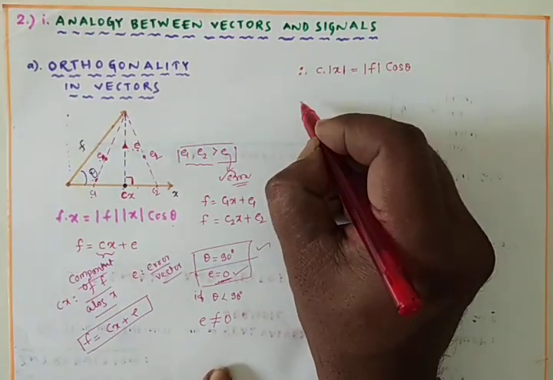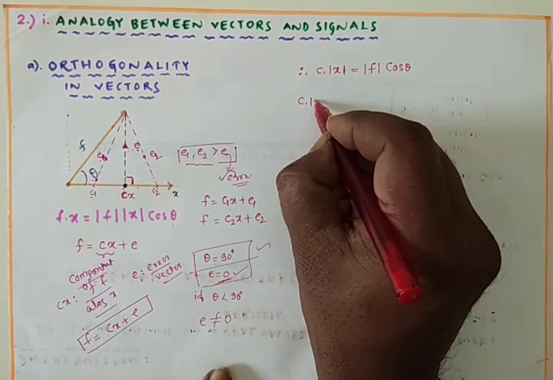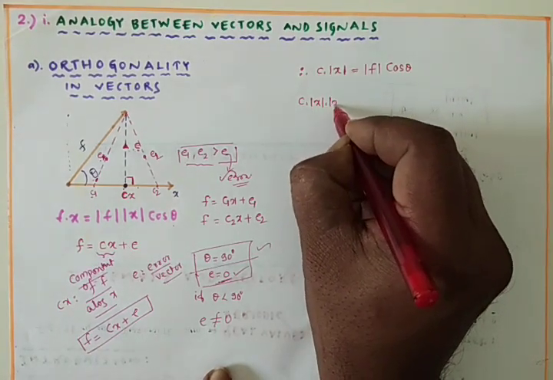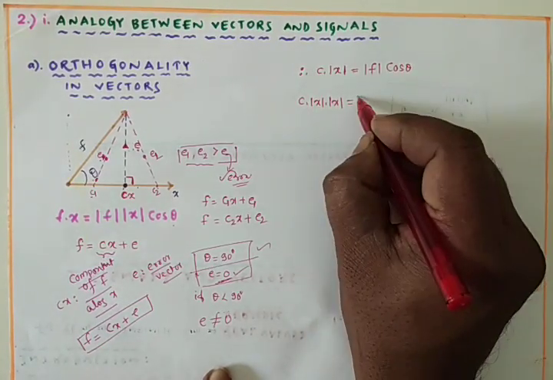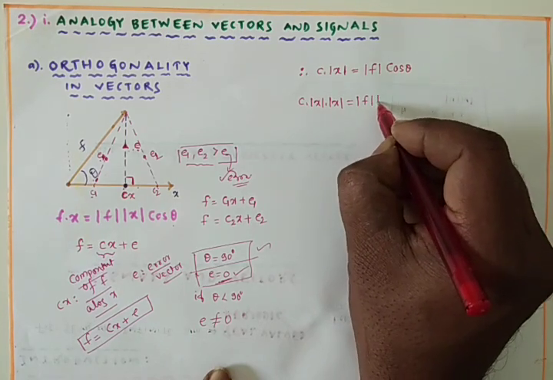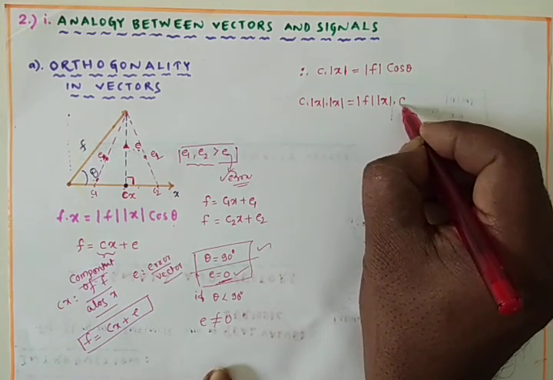See this one: C into modulus of X into modulus of X is equal to modulus of F into modulus of X into cos theta.